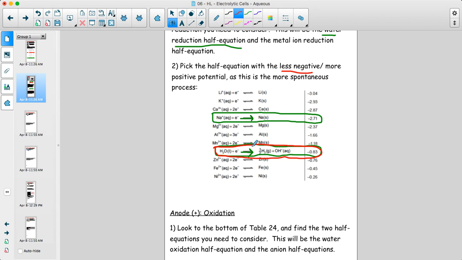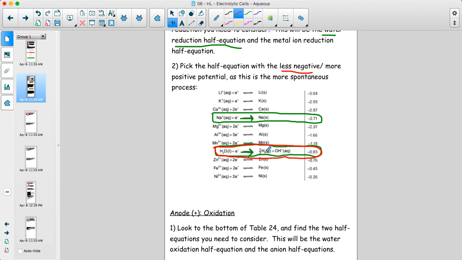Now that kind of makes sense if you think back to sodium and how reactive it is. If you actually made sodium in an aqueous solution, the sodium would immediately react. Any sodium that was made would instantly react with the water to produce hydrogen gas and hydroxide ions anyways. So this reaction actually doesn't take place at all, and instead the hydrogen gas and the hydroxide ions are produced directly.